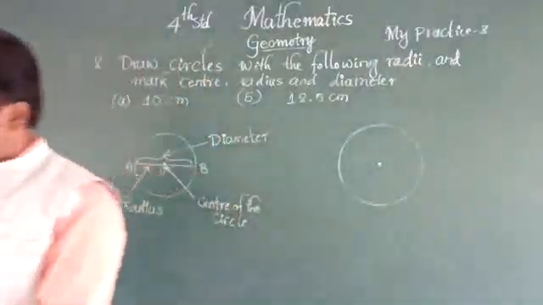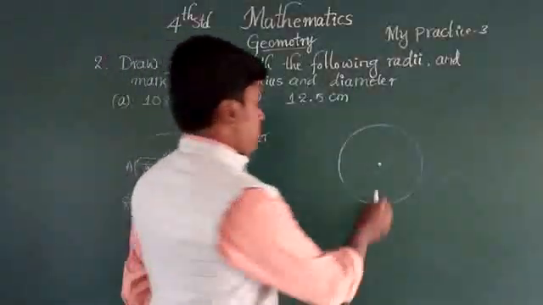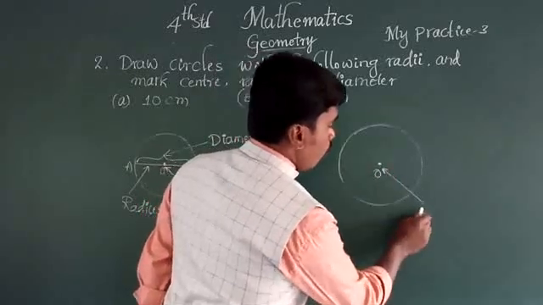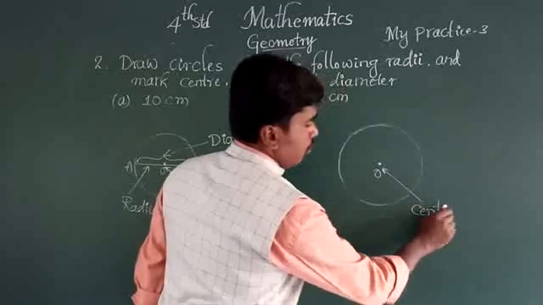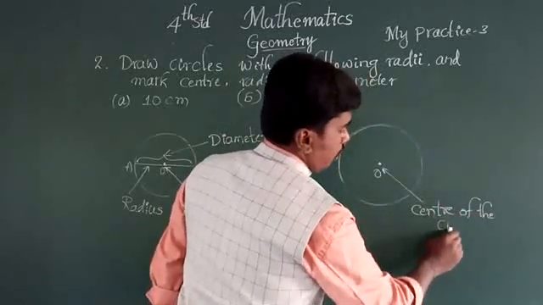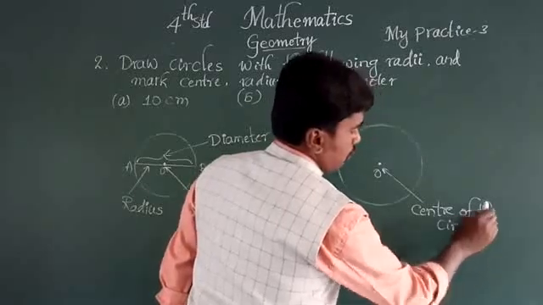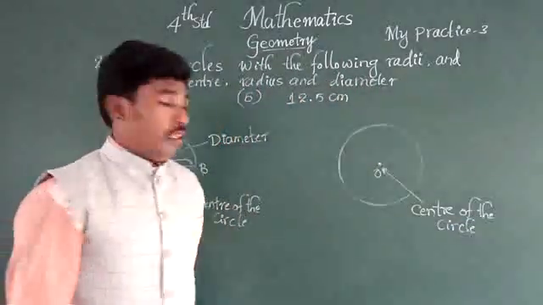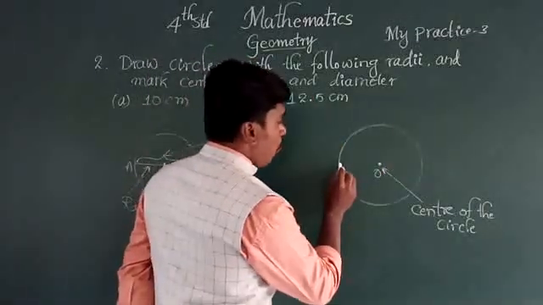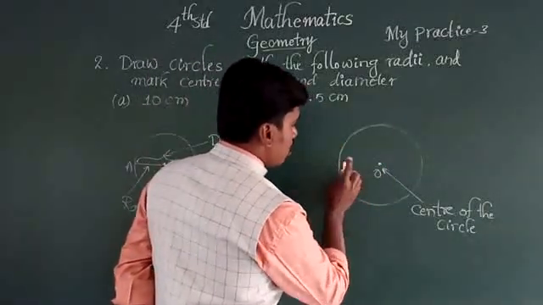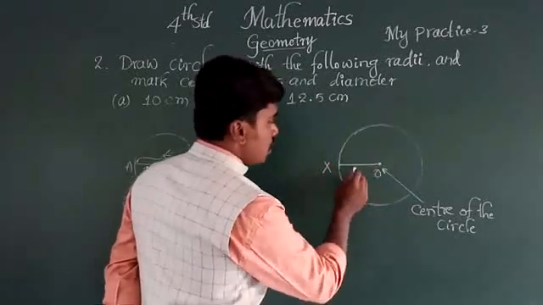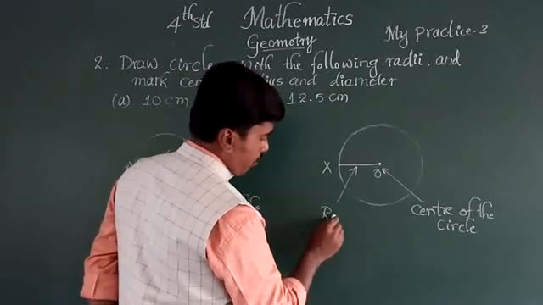Now you need to mention the points. This point O is the center of the circle. If you join the center of the circle to any point on the circle, it is called X. OX is the radius.